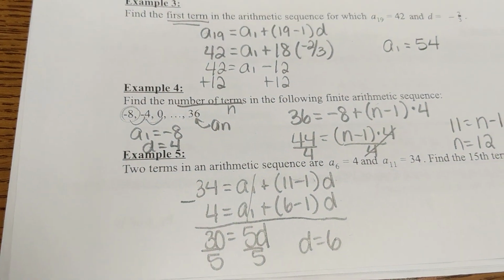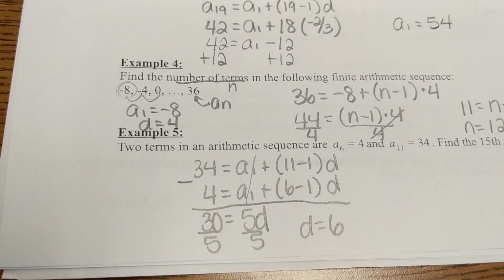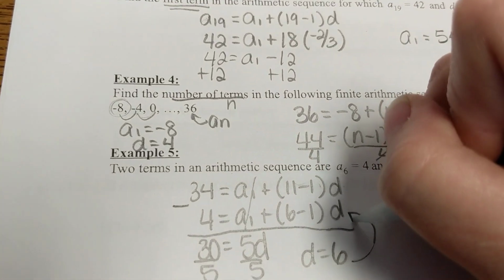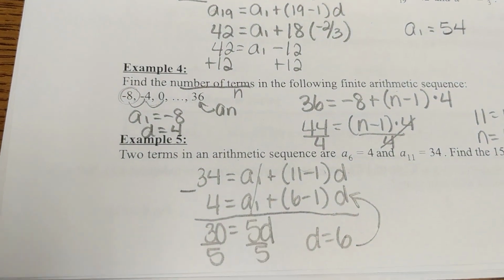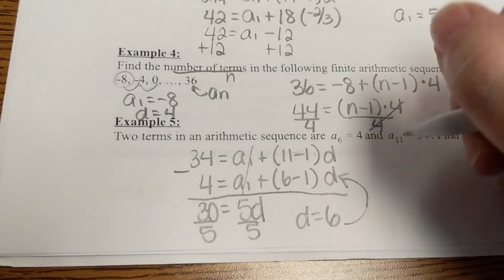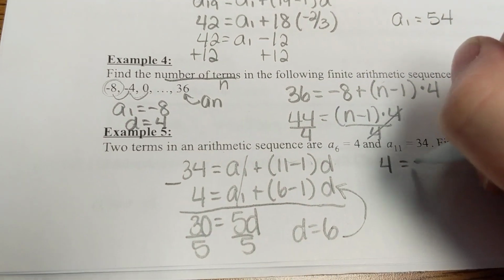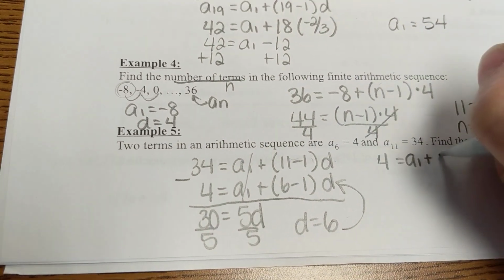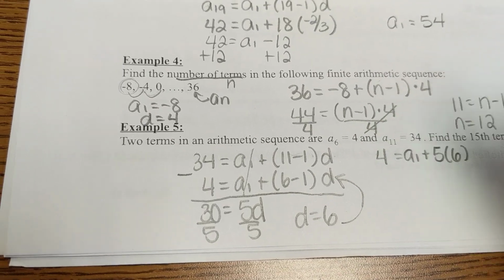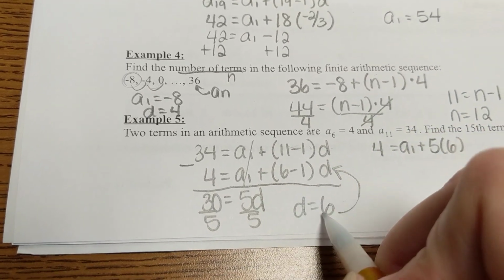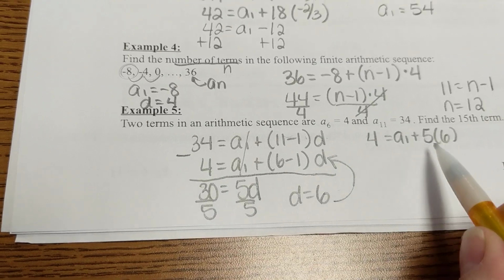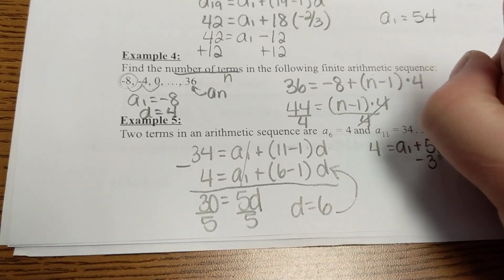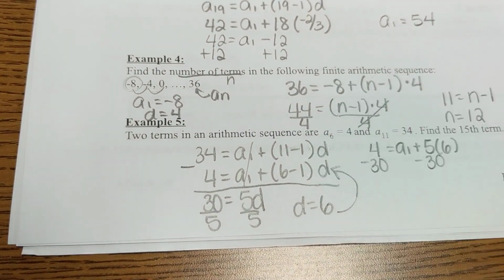So now at least I have one less unknown. Now feel free to plug this back in up here, and let's see if we can find out what a sub 1 would be. So we get 4 equals a sub 1 plus 5 times 6. So 6 minus 1 was 5, and then the 6. So I have 30. I'm going to subtract 30 from both sides.